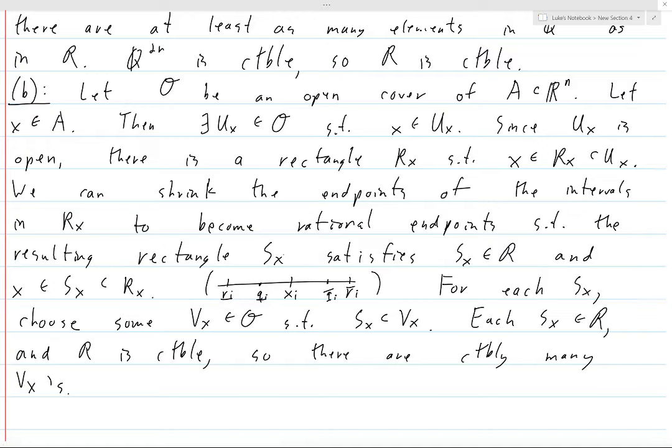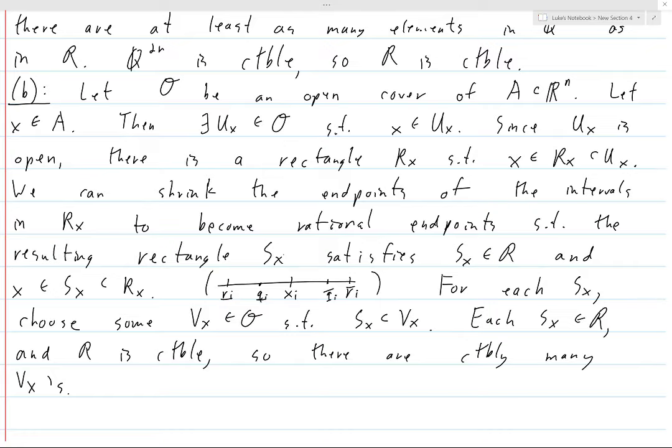And so there's going to be a whole bunch of these Sx's that overlap. There has to be uncountably many cases where you can choose different points x and y, but they'll be covered by the same rectangle Sx. So Sx will equal Sy.